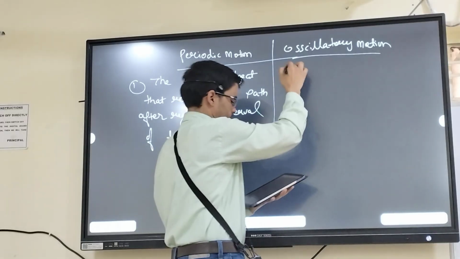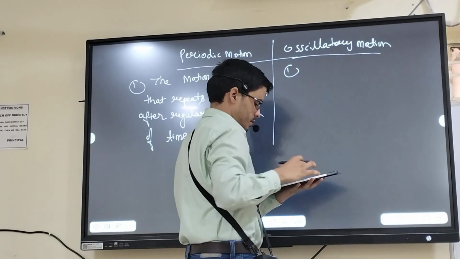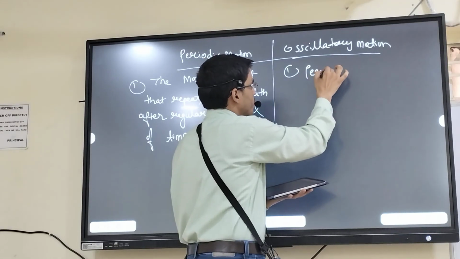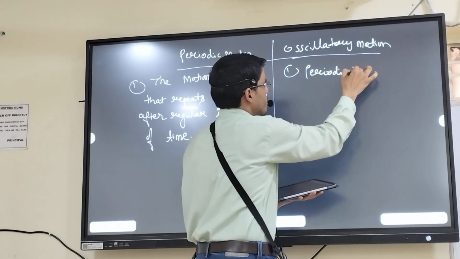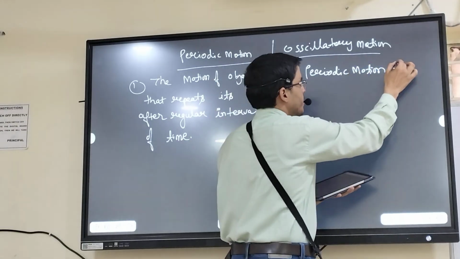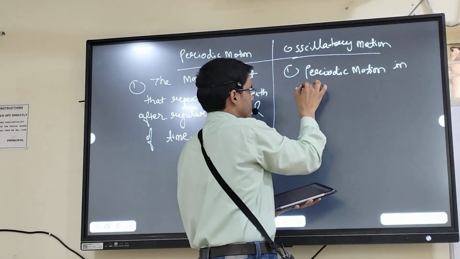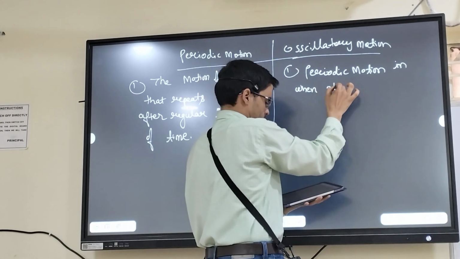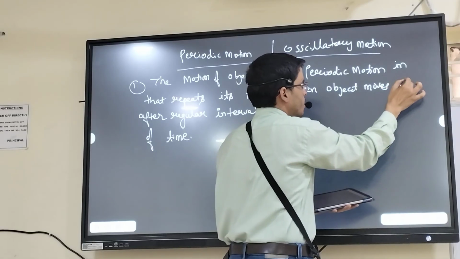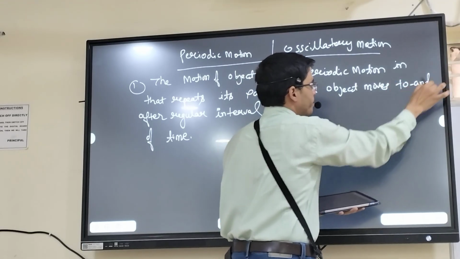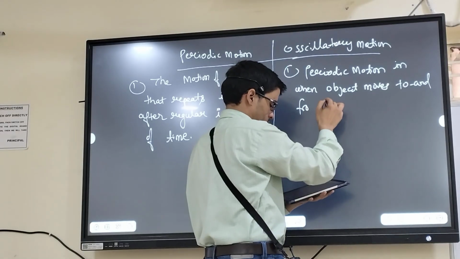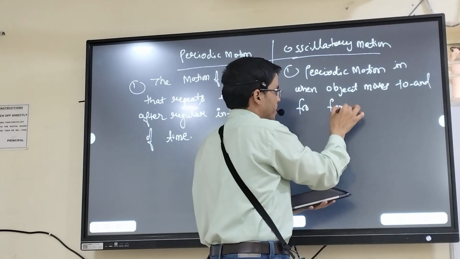What about oscillation? Oscillatory motion is periodic motion in which an object moves to and fro from a fixed point.